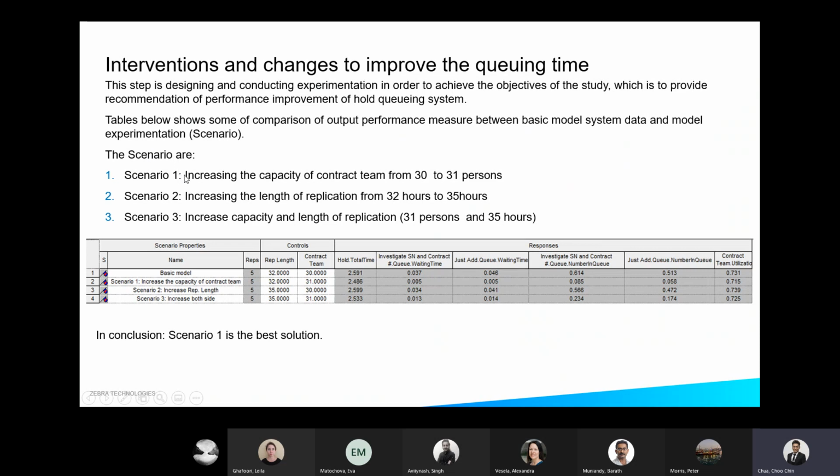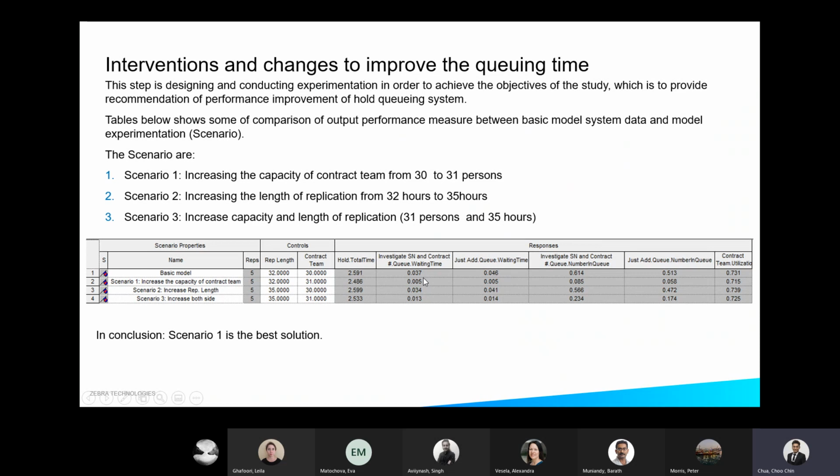In order to achieve the objective of the study, we improve with some scenarios. Scenario one: we increase the capacity of the contract teams from 30 to 31. This is the basic model, and this is scenario one. We change it, and we can see that it decreases the waiting time.